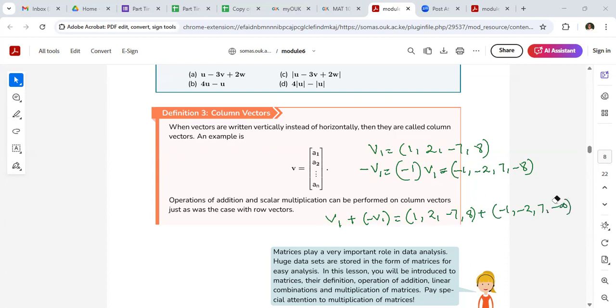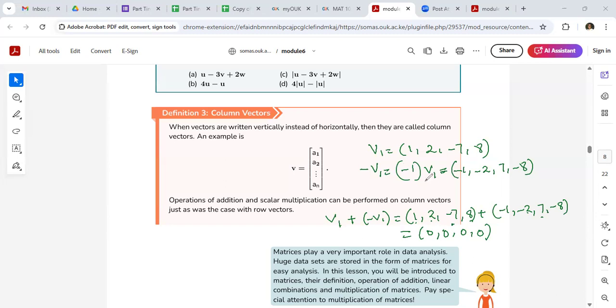We add corresponding components. So 1 plus -1 is 0, 2 plus -2 is 0, -7 plus 7 is 0, and 8 plus -8 is 0. So that is how we arrived at 0.